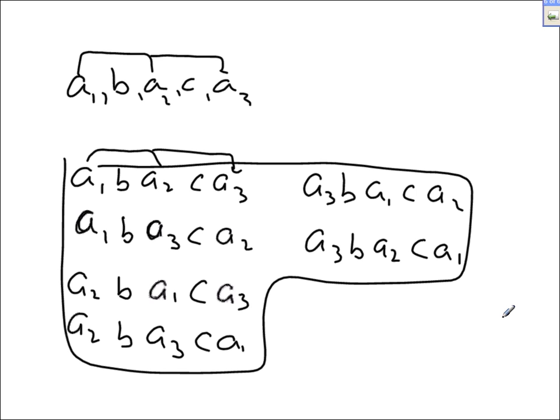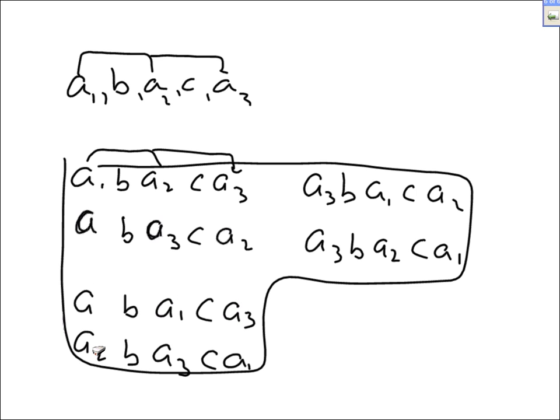They're exactly the same. Why are they the same? Because there really are no subscripts. These are the 6 different ways to permute those 3 A's.